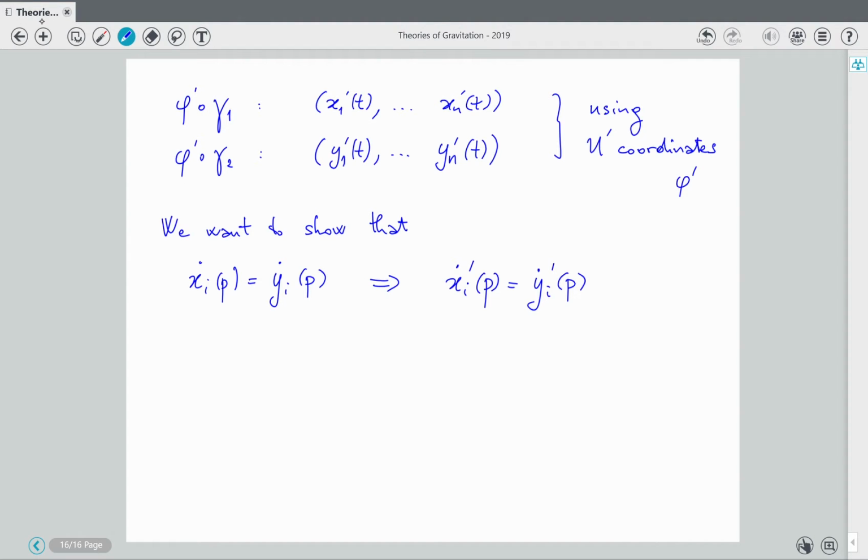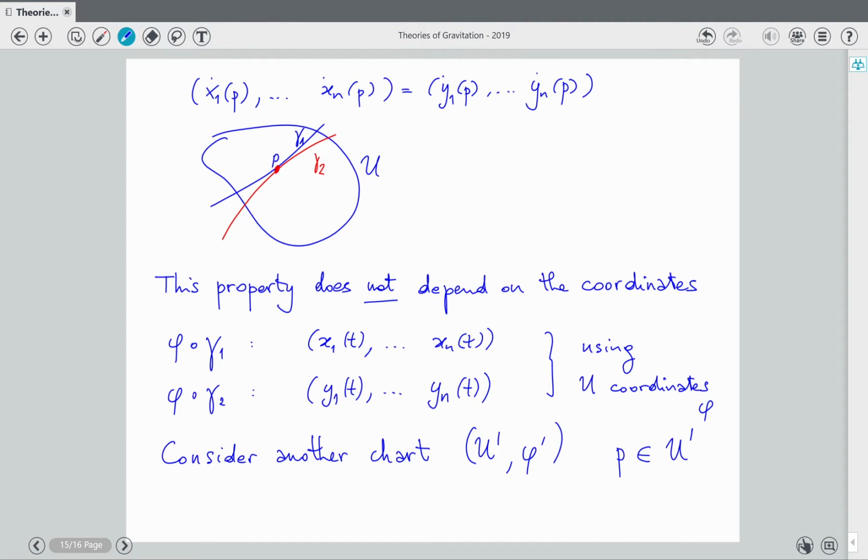Now if we want to go back to our picture, we can maybe show our u prime. So you see there is certainly a neighborhood of P that belongs to both U and U prime. That's why we are working with open sets. Let me call it UP.